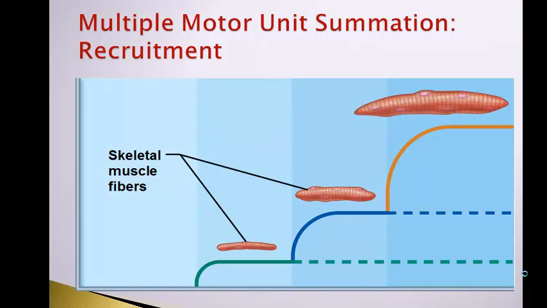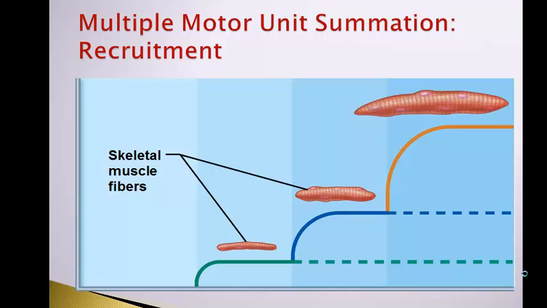Nice thing about that also is that at any given moment, I've always got a few motor units that are at rest while the others are contracting at maximum. I can take those that are about to get fatigued offline at the same time that I bring on the others that have been in reserve.